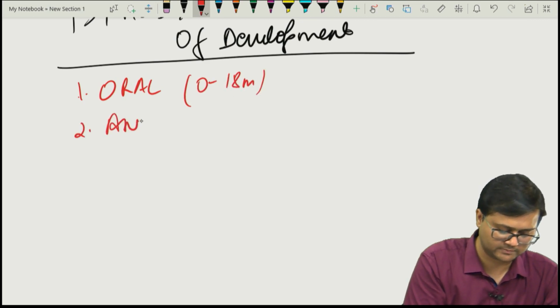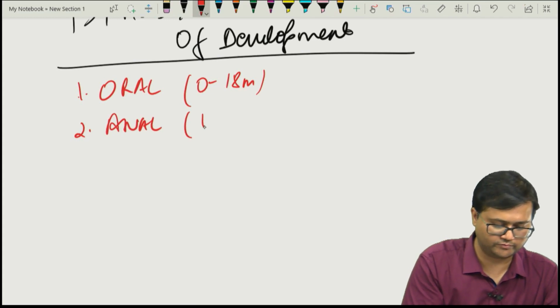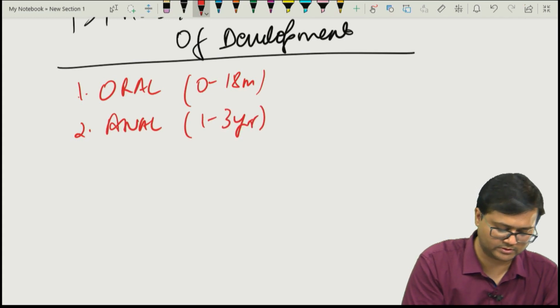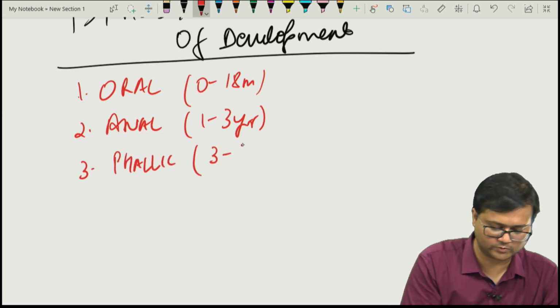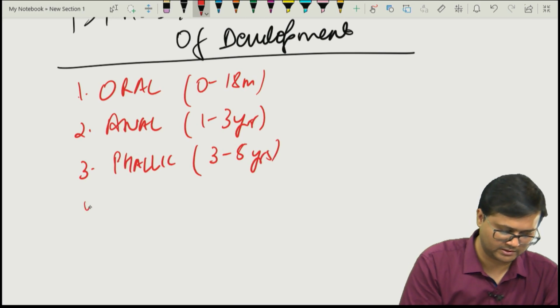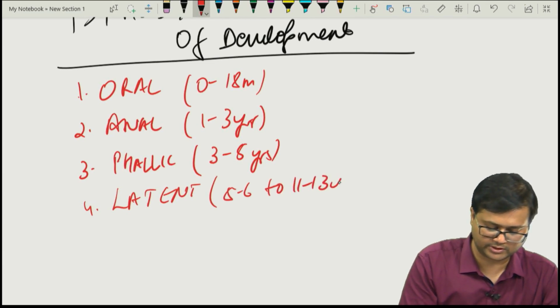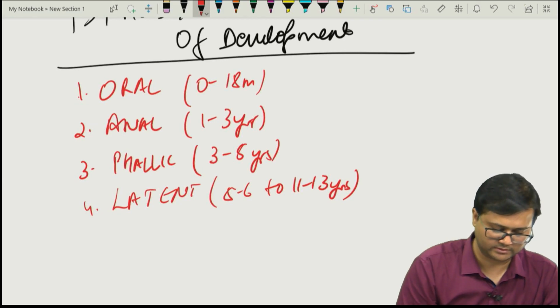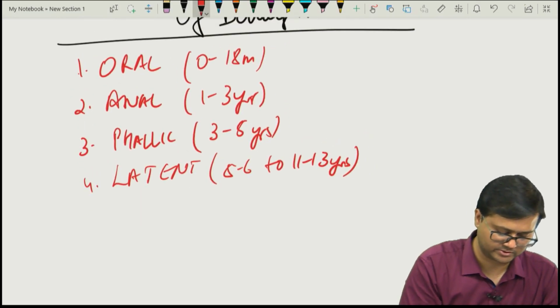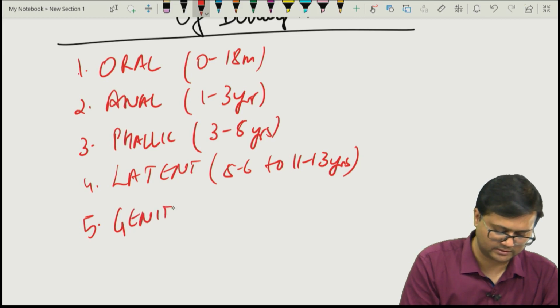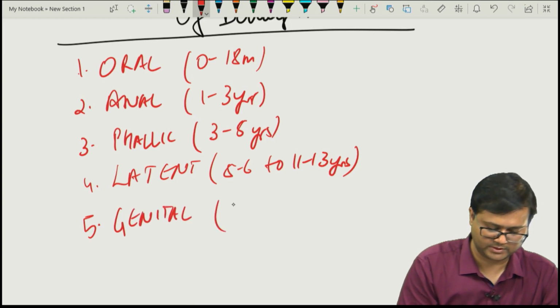Then the anal stage, which is from 1st to 3rd year. Then there is the phallic stage, which is from 3 to 5 years. Then there is latency or the latent phase, which is from 5 to 6 years to around 11 to 13 years. And then there is the last stage, the genital, which is from 11 to 13 years up till young adolescence.